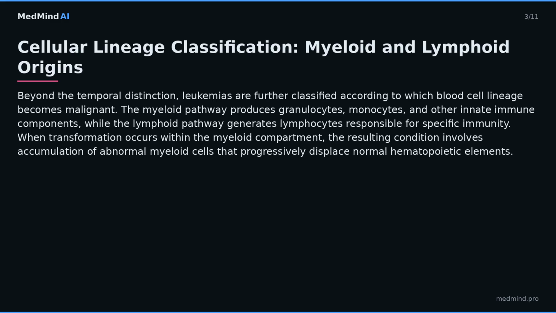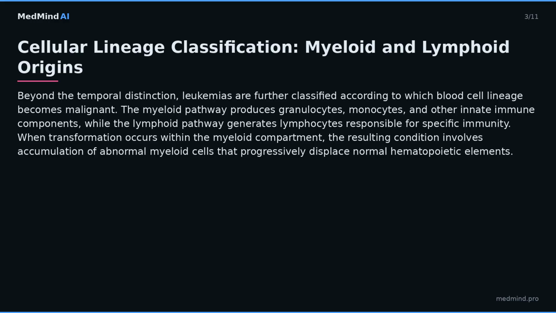When transformation occurs within the myeloid compartment, the resulting condition involves accumulation of abnormal myeloid cells that progressively displace normal hematopoietic elements. These aberrant cells interfere with the bone marrow's capacity to produce adequate quantities of functional blood cells, leading to secondary effects including anemia, thrombocytopenia, and immunosuppression.